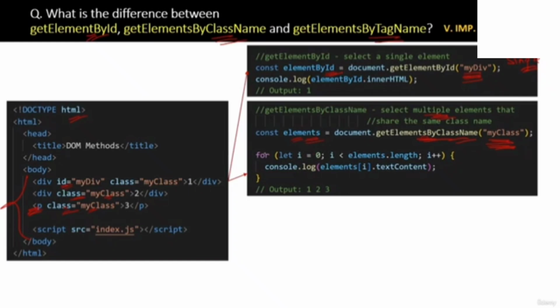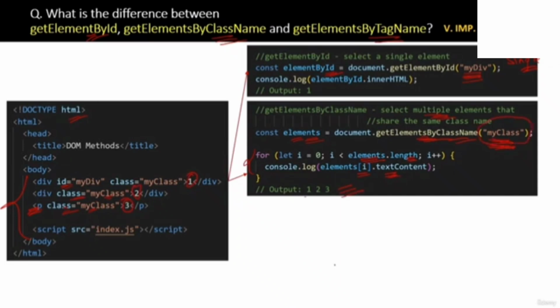This array-like object has some similarities with array, like length and index properties, but it does not have push and pop methods of arrays. So that's why it is different from array. Then we can use a for loop to iterate the elements of the array-like object one by one like this, and output by using the index of each element. You can see the text content is 1, 2, 3 for the three elements whose class name is myClass, which you can see in HTML.